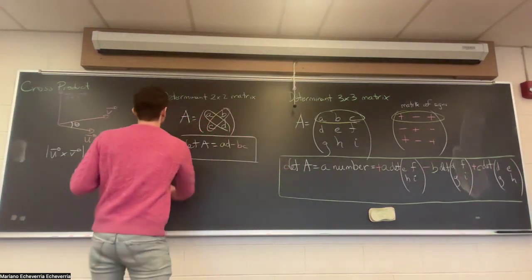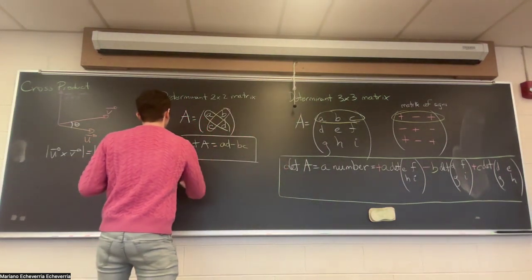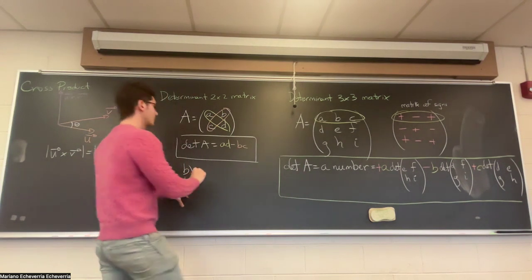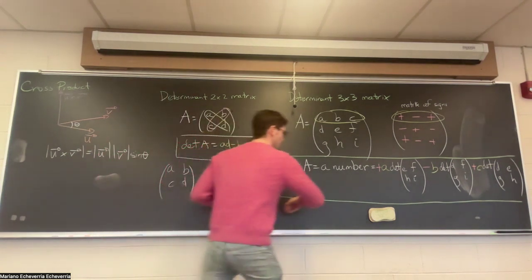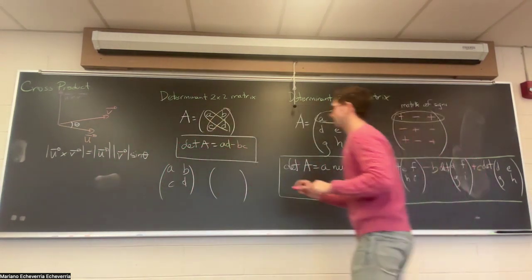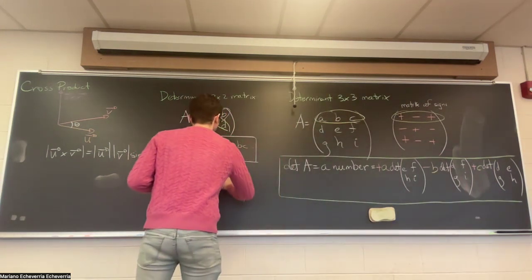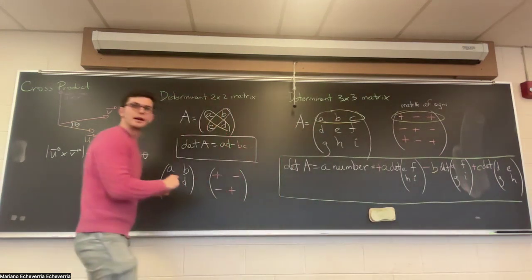Because if you think about the 2x2 case, what would the matrix of signs be? It would be plus, minus, minus, plus, right?